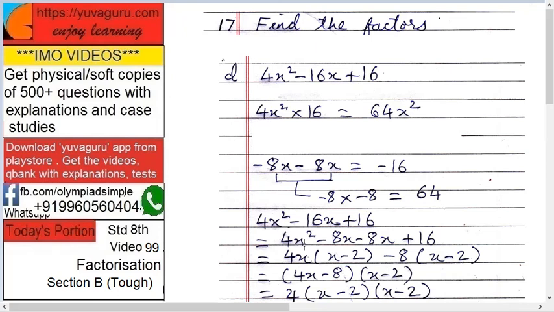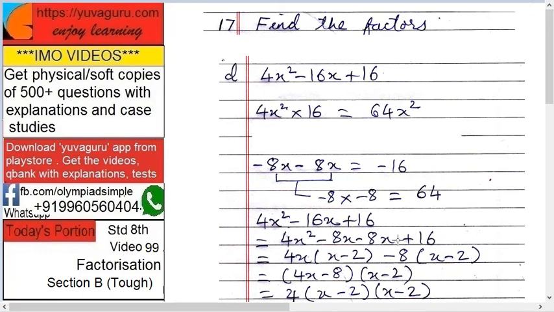So that also satisfies. So the expression becomes 4x square minus 16x plus 16 equals 4x square minus 8x minus 8x plus 16. So 4x common, it remains x minus 2 from first two. Take this x minus 2 as it is over here.